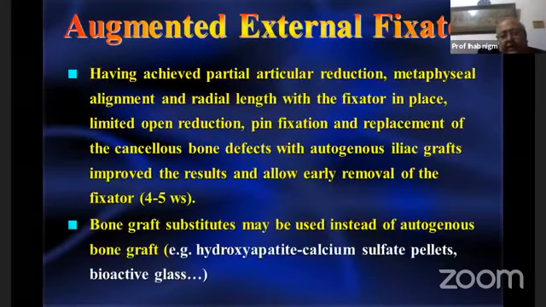How to avoid this complication? By augmenting the external fixator. Having achieved partial articular reduction, metaphyseal alignment, and radial length with the fixator in place, limited dorsal open reduction of the displaced fragment with pin fixation, and putting cancellous iliac bone graft, improve the results and allow early removal of the fixator in 4 to 5 weeks.